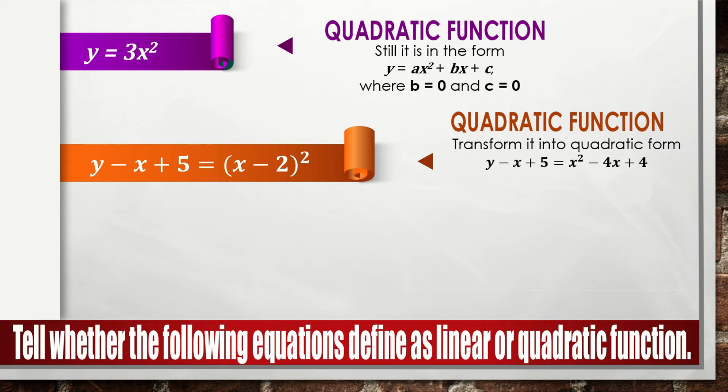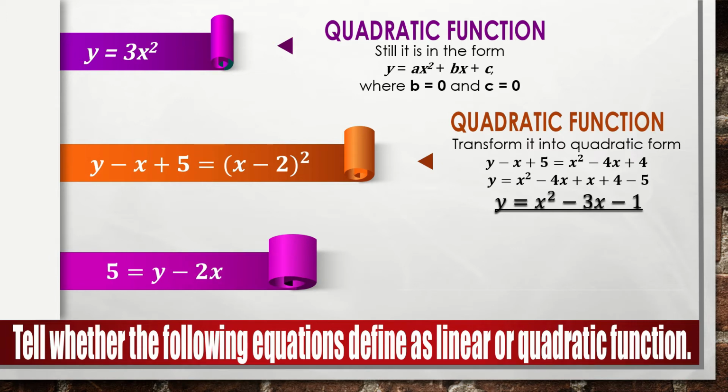So you have y minus x plus 5 is equal to x squared minus 4x plus 4. Using the addition property of equality and combining the like terms, you have y is equal to x squared minus 4x plus x plus 4 minus 5. Simplifying that, you will obtain the quadratic form y is equal to x squared minus 3x minus 1.